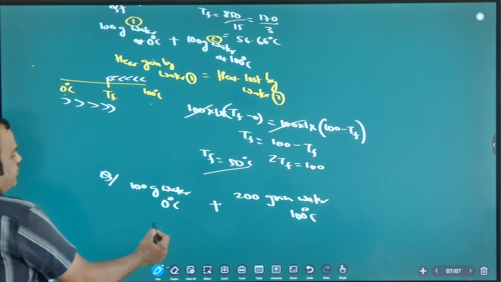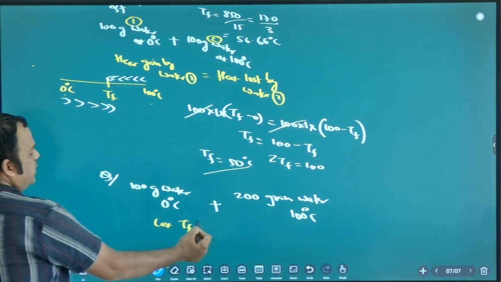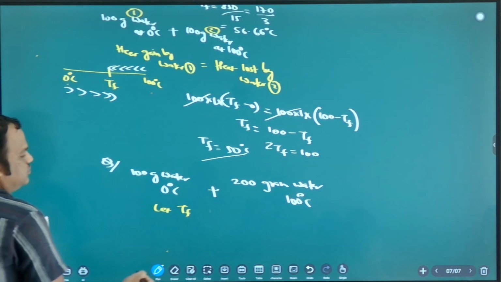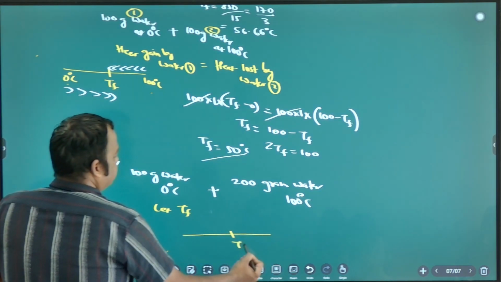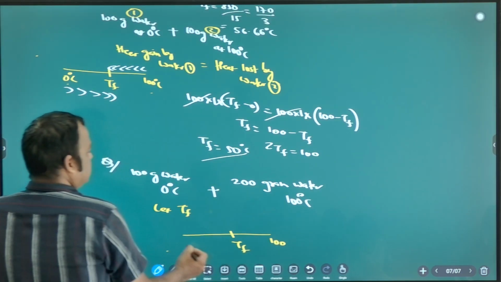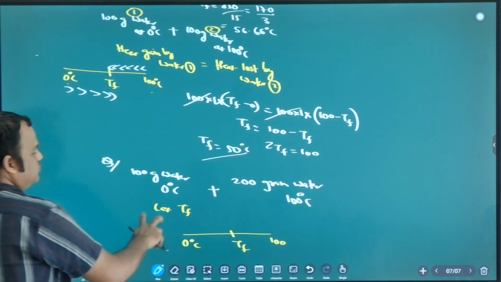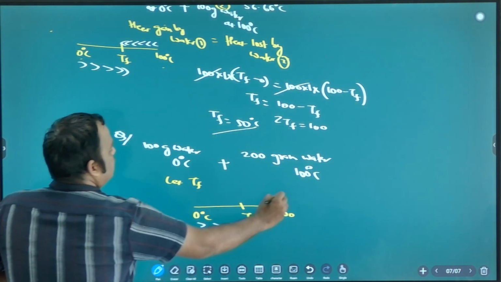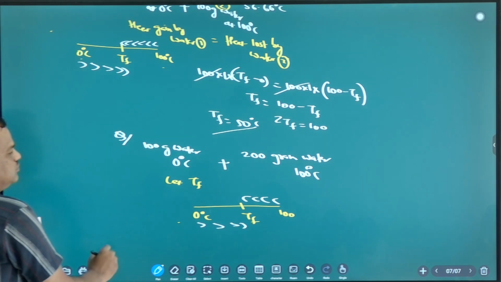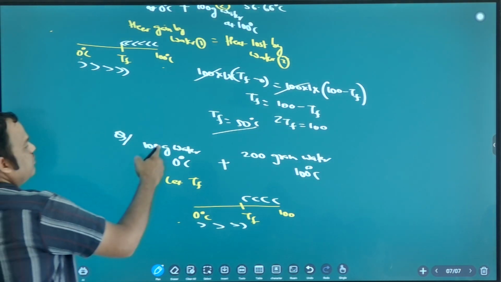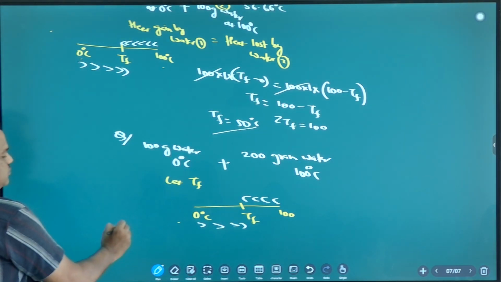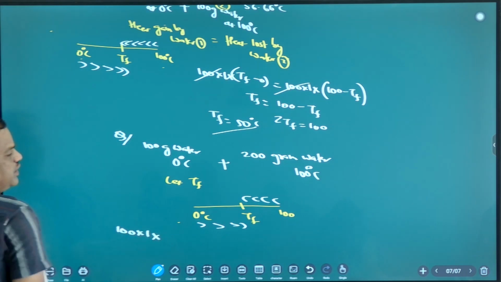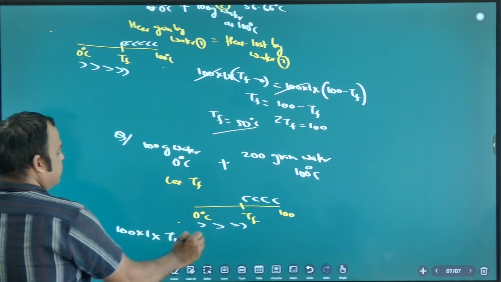So let the final temperature be Tf. Heat gain is equal to heat lost. What is the heat gain by 100 gram water? 100 into 1 into Tf minus 0.